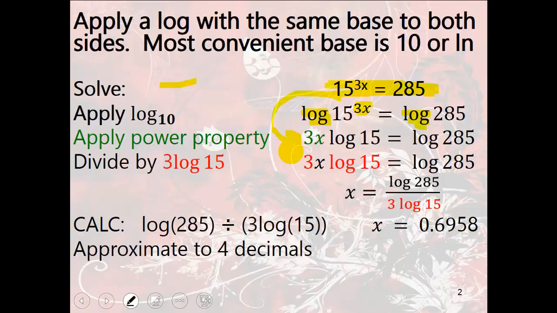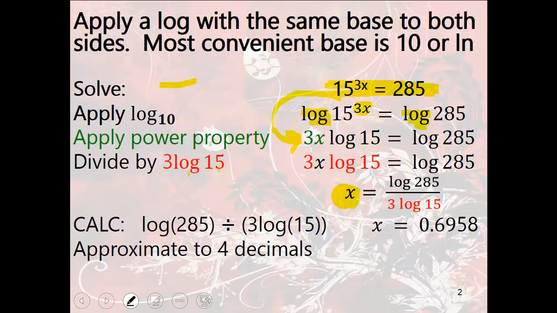At this point, we're going to divide both sides by 3 times log base 10 of 15. When I do that, it cancels out on this side, and I'm left with only x over here. And then I have log base 10 of 285 divided by 3 times log base 10 of 15. Please don't think that this is the quotient rule, because it is not. This is taking the entire log of 285 and dividing it by 3 times the log base 10 of 15.